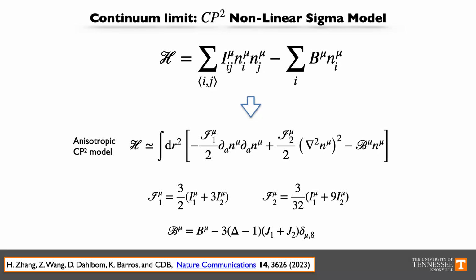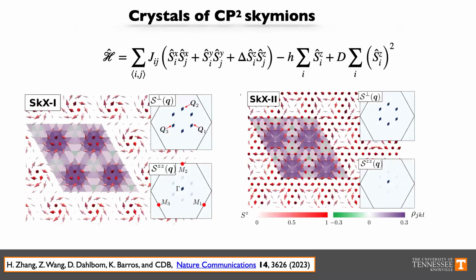These nonlinear sigma models are actually studied in high energy in the context of topological solitons. And as I said, there is a regime of this Hamiltonian where you get skyrmion crystals that near the core, for instance, are magnetic, and in the periphery, they are purely quadrupolar, or the opposite: in the core, they are purely quadrupolar, and in the periphery, they are magnetic.